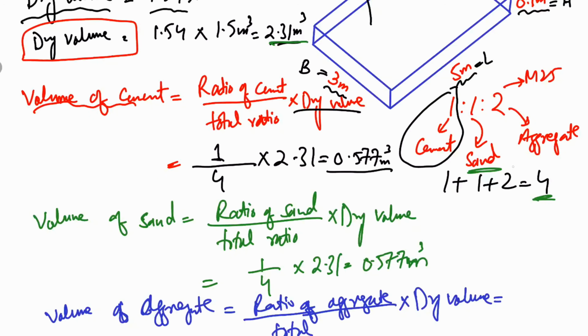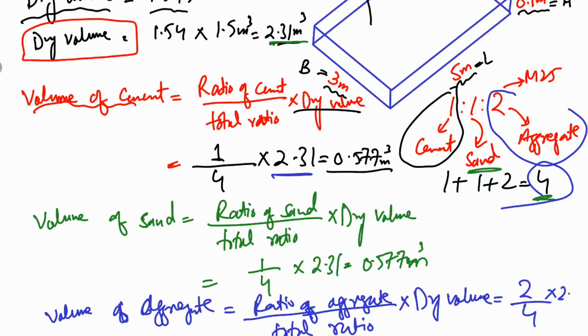So the ratio of the aggregate is here 2. 2 divided by the total ratio, which is 4, multiplied by the dry volume, which is 2.31. So by multiplying this value, we got 1.155 cubic meter. So this is the volume of the aggregate used in this slab system.